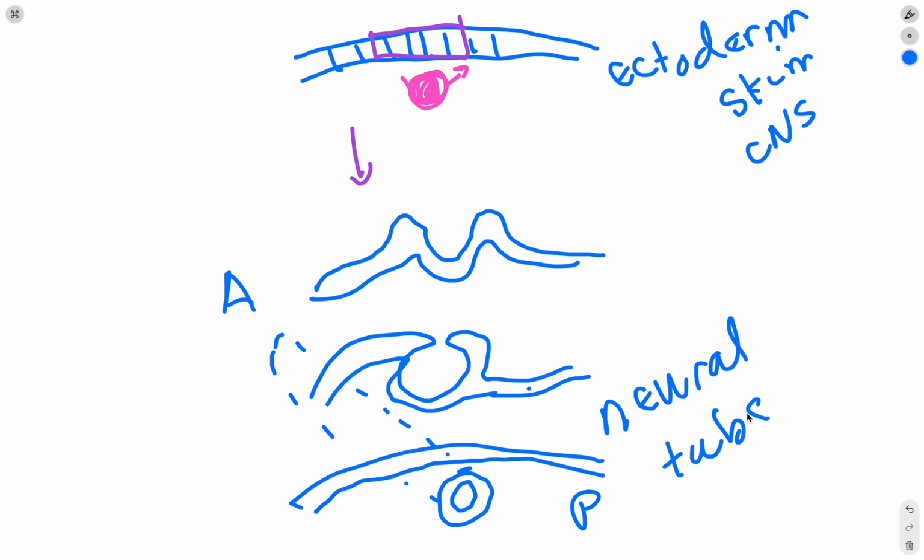The brain and spinal cord today in our bodies is hollow. Our spinal cord, inside the vertebrae of our backbone, is that part of the nervous system, and it's hollow today in our bodies as adults.